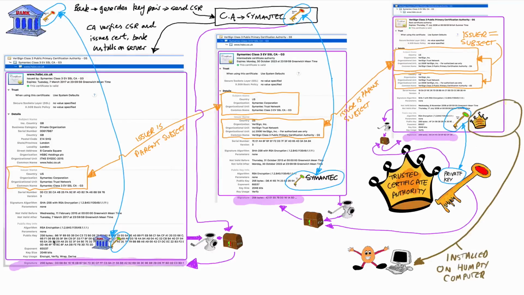Looking at this SSL certificate, it is a holder for the public key, as we've mentioned in previous videos. The public key is down here. If you remember the video on RSA public-private key encryption, the public key is composed of two numbers, an exponent and a modulus.